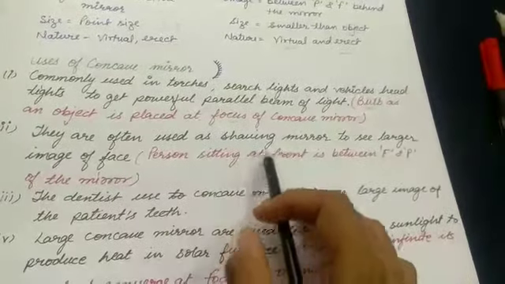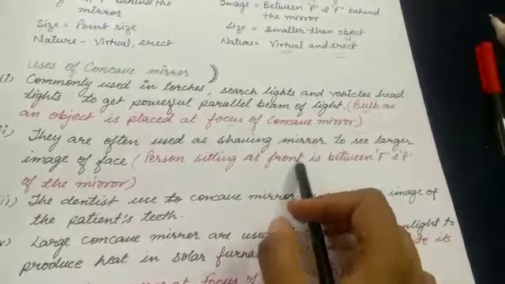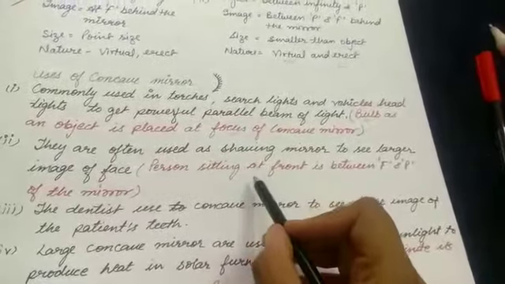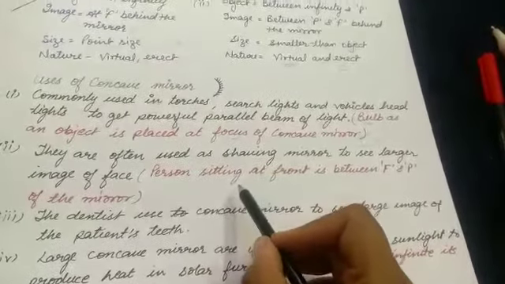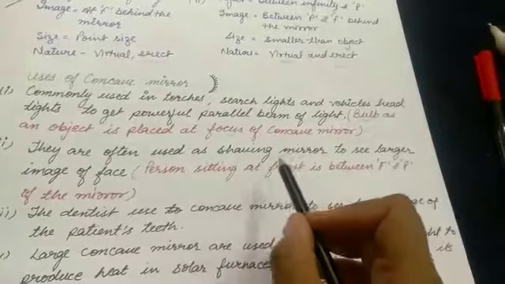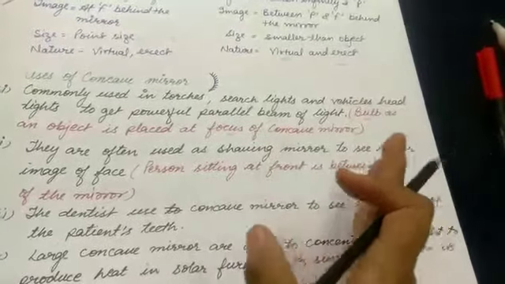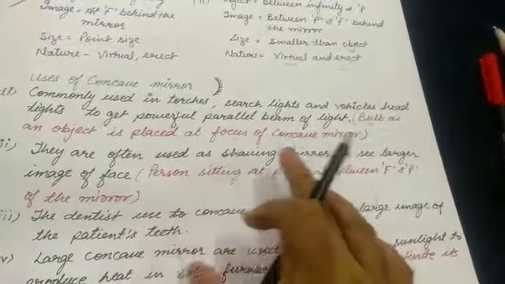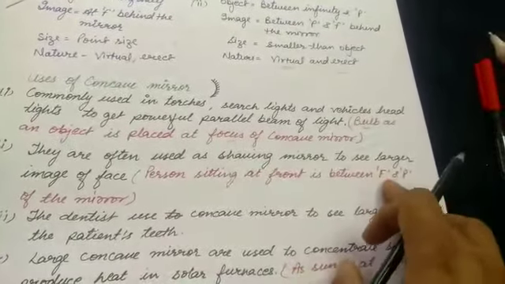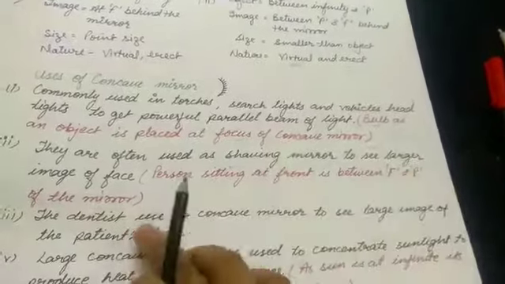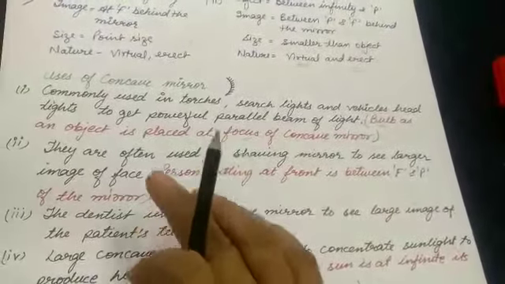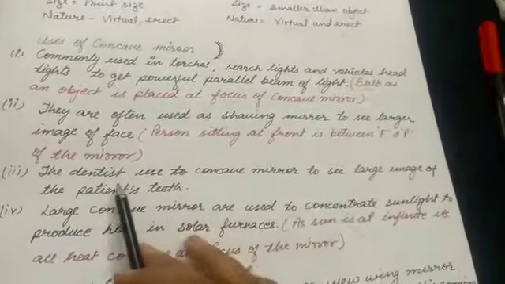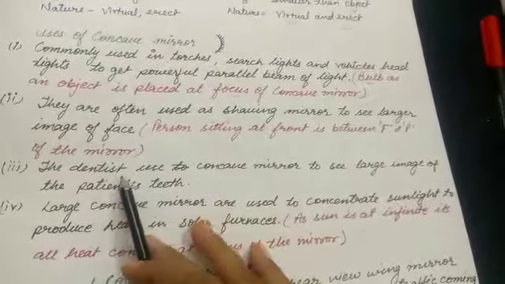The person sitting in front of the mirror is between F and P. Remember the last case of the concave mirror, where the image formed was much bigger, and it was formed inside the mirror. This is the condition. The person is the object here, sitting between the focus and pole of the mirror. That is why its image is formed inside the mirror, and it is much bigger than the person. The same argument is here.